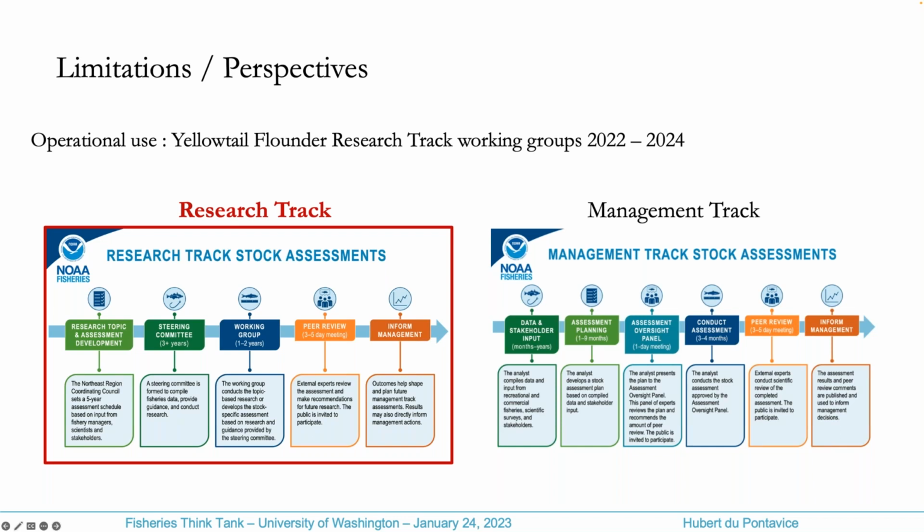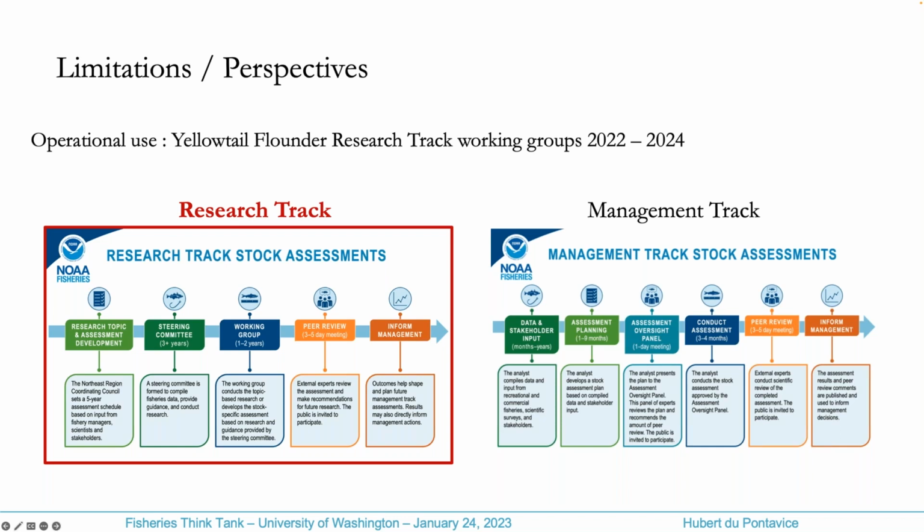The objective of the research track is to improve the assessment based on new methods, knowledge, and data sets. And then the improved stock assessment can be used for future management track assessments. And the objective of the management track is to provide routine and updated advice to directly inform management actions.